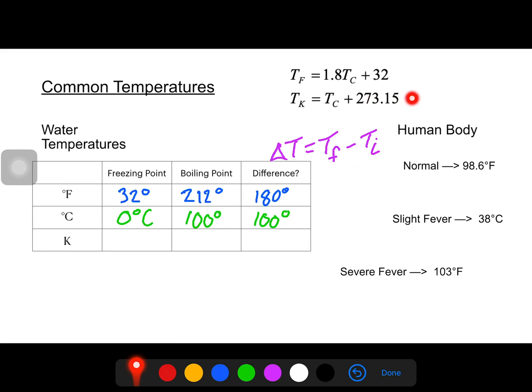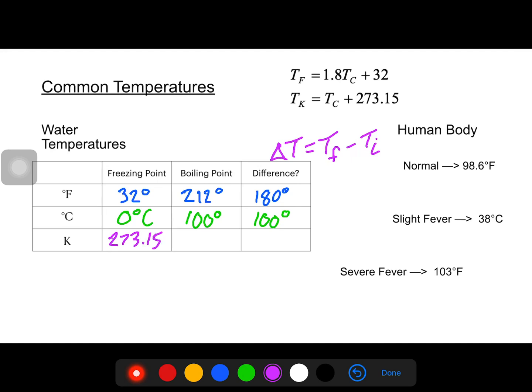So if we then use this equation to talk about these temperature points in Kelvin instead of Celsius, we have our Celsius. All we have to do is add 273.15. So 0 plus 273.15 is 273.15.